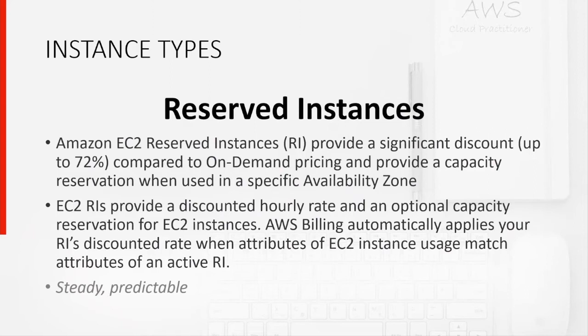EC2 RIs provide a discounted hourly rate and an optional capacity reservation for EC2 instances. AWS billing automatically applies your RI's discounted rate when attributes of EC2 instance usage match attributes of an active RI.